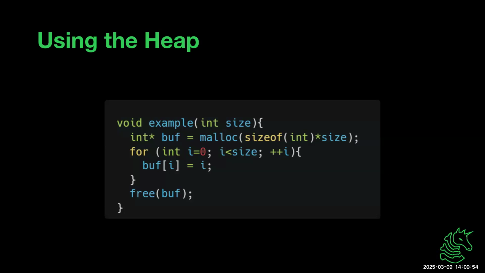If size is 0, then you're still fine because i less than size is always false. The function will do nothing, but it won't crash. Well, size can be negative. Yeah, exactly. So they're type confused. malloc takes an unsigned integer size, but the function takes a signed integer. What happens if you pass -1?